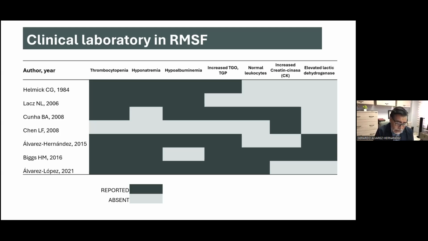Other biomarkers are alterations in liver and muscle enzymes like creatine kinase. And our patients usually have normal white blood cells. This is the more common pattern at the biomarker level that we can observe in patients that are hospitalized by this disease.